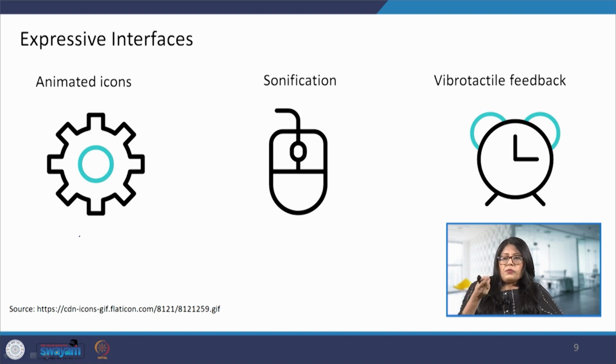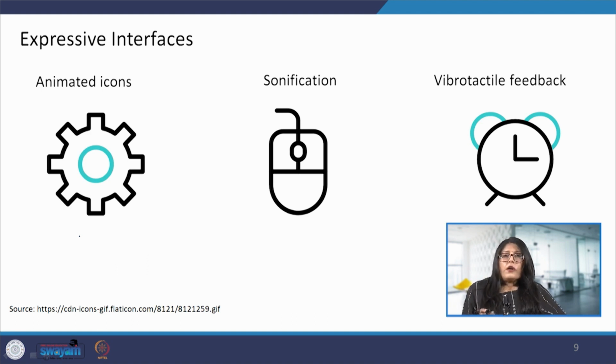So the phone vibrates. When we put our phone on vibrate mode, we are in a meeting, so we don't want it to disturb. Then the vibration tells us that we are getting a call or a message. So these are also expressive interfaces, and they help communicate to the user effectively.